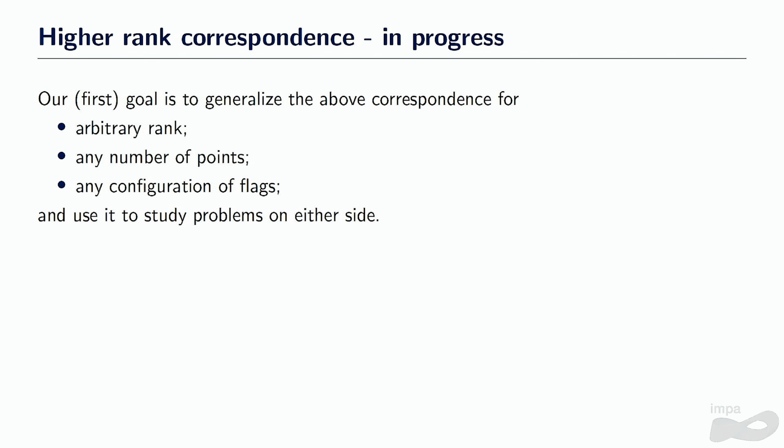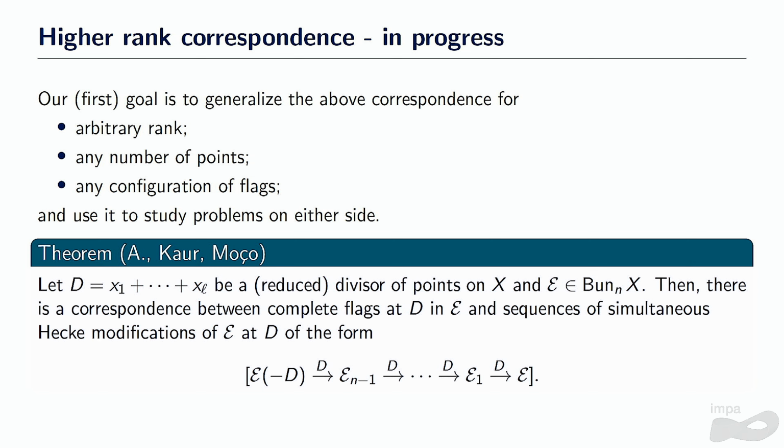So what I have to tell you about this higher rank correspondence for today is this theorem with Indercar from Glasgow, who is also here, and with Leonardo Mosso from University of São Paulo, from USP. We were able to prove the following.